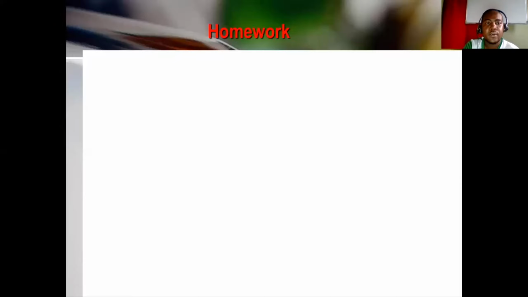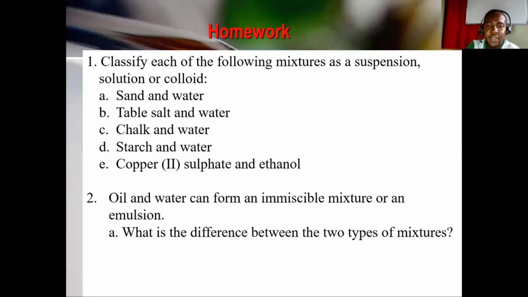All right, next. Oil and water can form an immiscible mixture or an emulsion. What is the difference between the two types of mixtures?